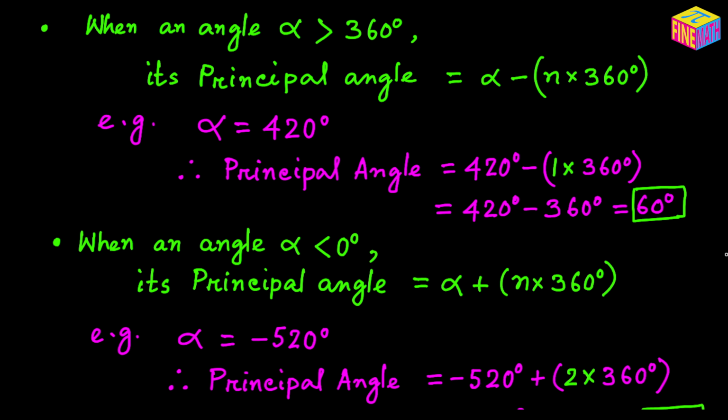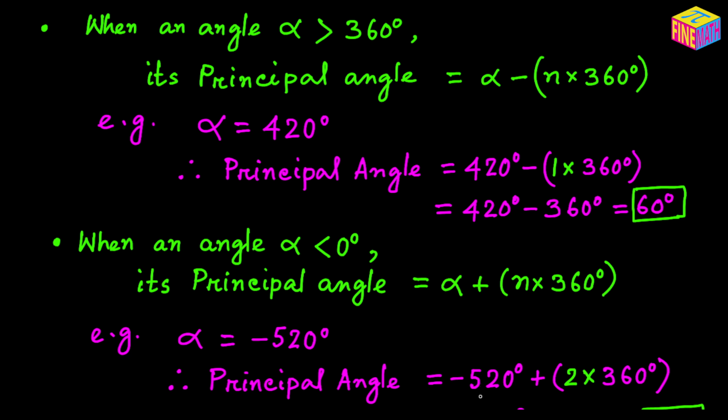I have a second example here. When you are given a negative angle, for example negative 520 degrees, and you have been asked to calculate the principal angle, what would it be? Well, because it's negative, you want to add some integral multiple of 360 so that you can bring it back to a value within the range of 0 to 360.